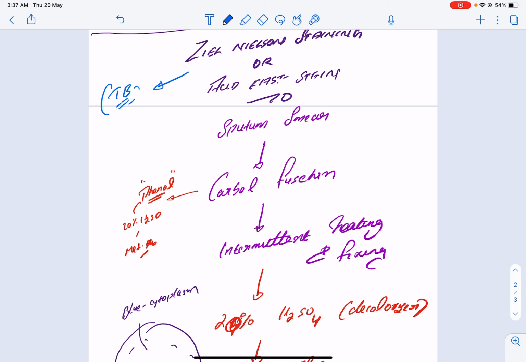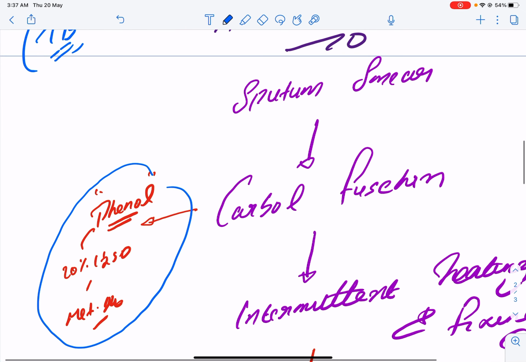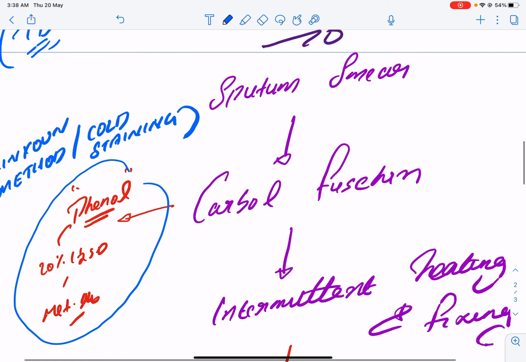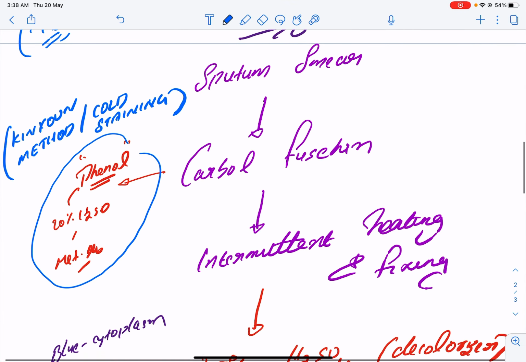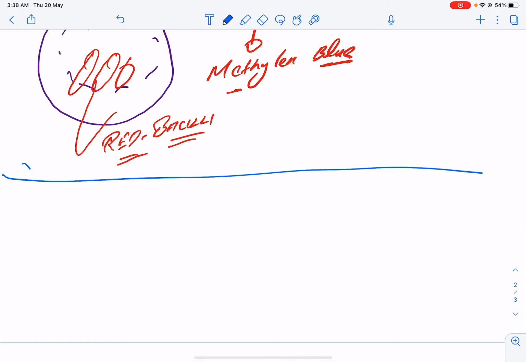Just adding phenol changes the name of the staining. This staining has a different name, called the Kinyoun method of staining, or cold staining. In the other method there was heating, right? So just remember, in the exam they will ask about the Kinyoun method of staining or cold staining. Hope all are okay. So that's all about Ziehl-Neelsen staining.